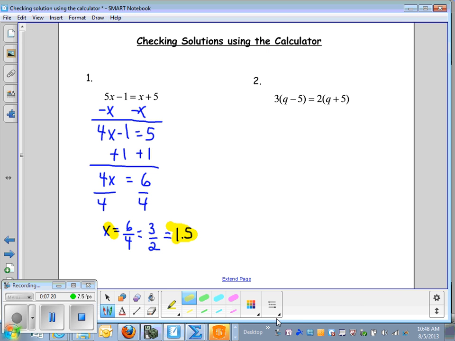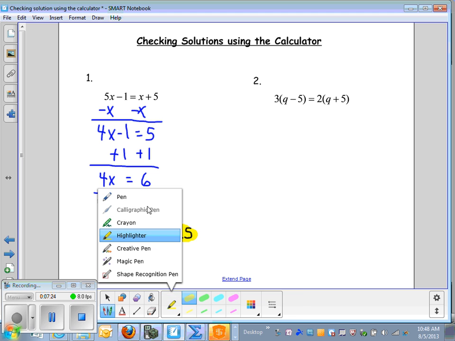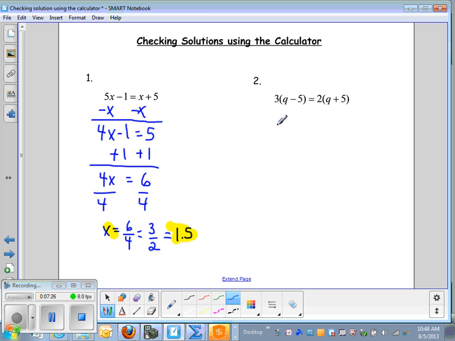All right, so let's try the next equation. It's a little bit more involved. Got some distributive property here on both sides, so we'll go ahead and distribute. We get 3q minus 15 equals 2q plus 10. I'm going to gather my q's on this side and my numbers on the other side, my constants.